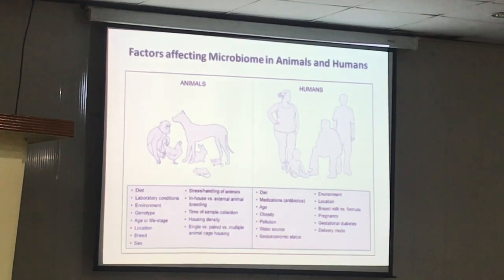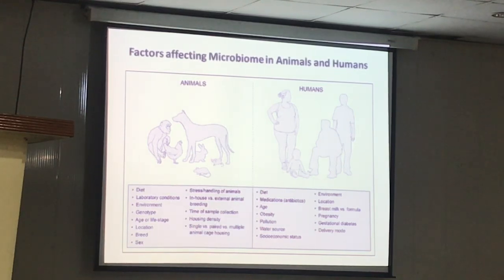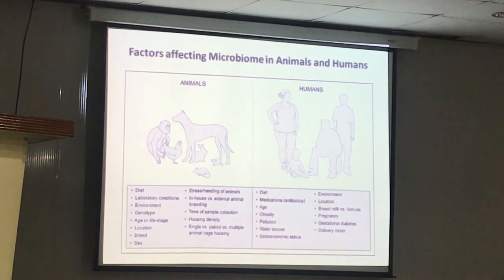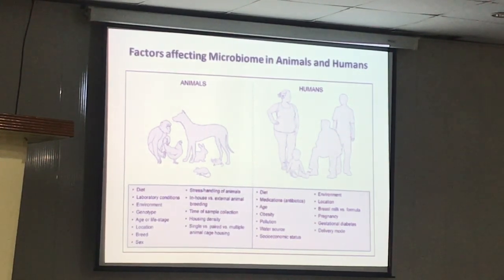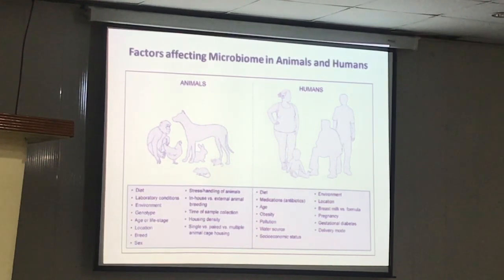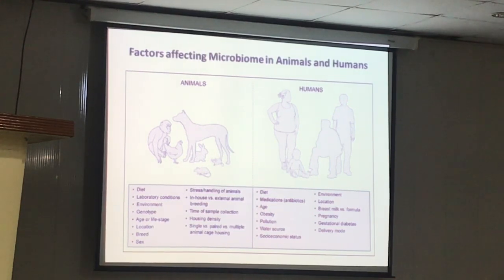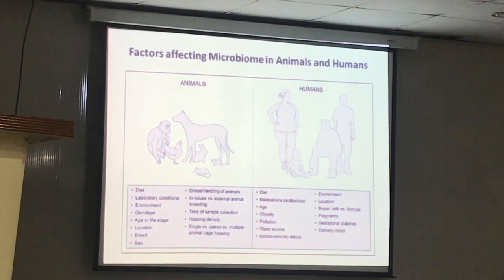So there may be a variety of different anatomical areas of the body of humans or animals where microbes may exist. But the composition of the totality of the microbiome is dependent on many, many factors. So for example, in humans, diet is a factor, medicines are a factor, age is a factor, obesity is a factor, pollution is a factor, water is a factor, and there are environmental factors and many disease-related factors.